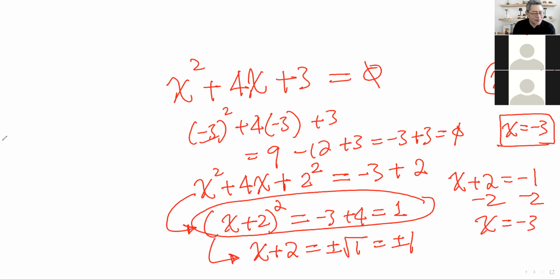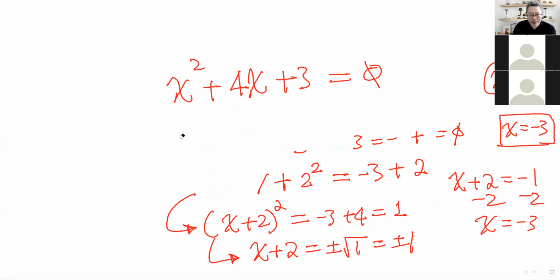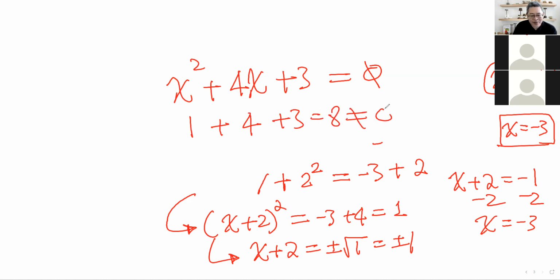So both are solutions of the equation, and it has to be either negative 3 or negative 1. Anything else won't work. Say we try x equal to 1. If x is 1, this is a 1, this is a 4, this is 3. That is 8, not equal to 0. So x equal to 1 is not a solution. Good?